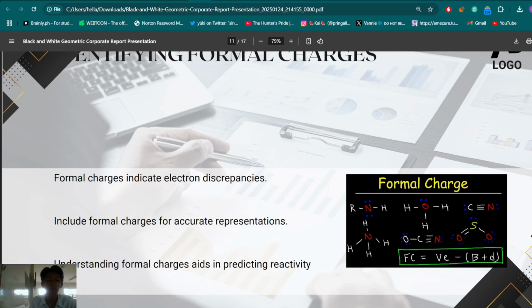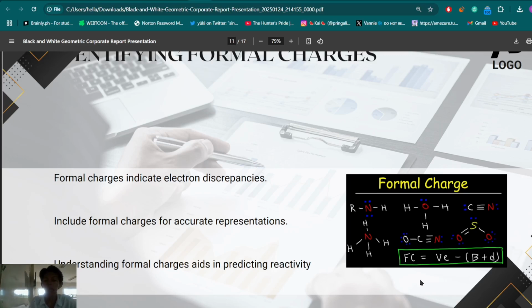Formal charge equals valence electrons minus non-bonding electrons minus bonding electrons over 2. Valence electrons: the number of electrons in the free neutral atom. Non-bonding electrons are lone pair electrons. Bonding electrons are shared electrons in bonds. Each bond contains 2 electrons.